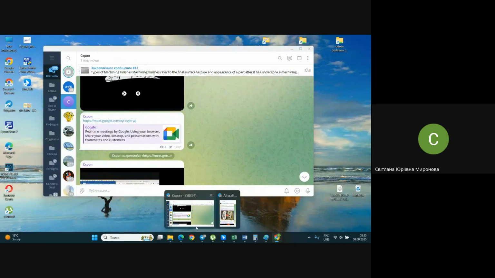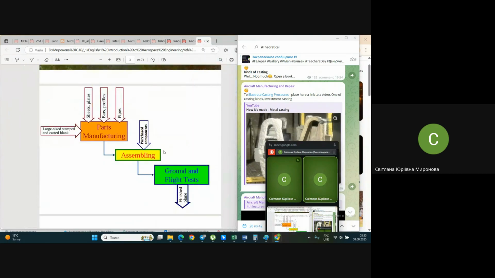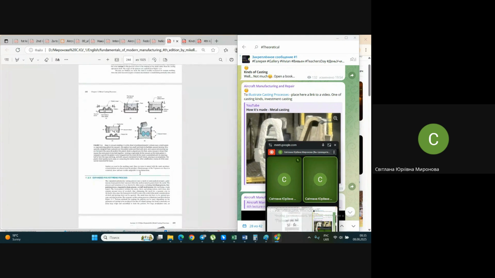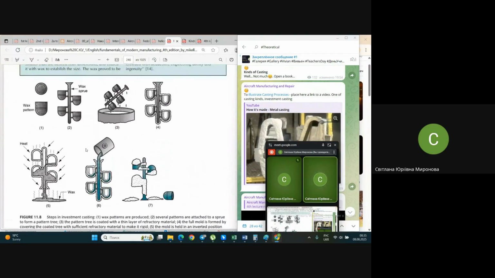So, investment casting. This one is also too complex, as for me.